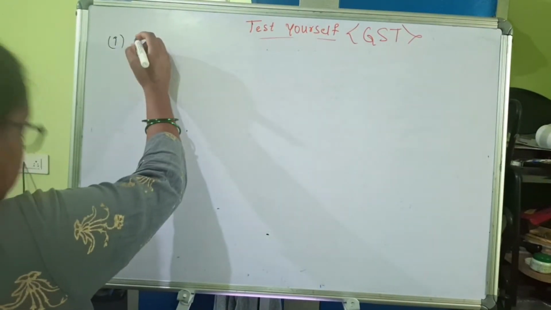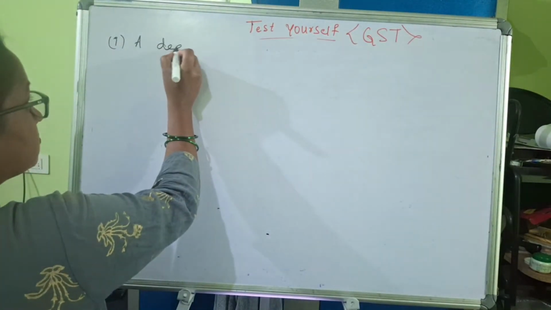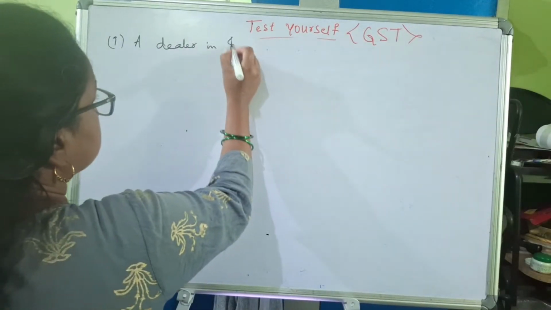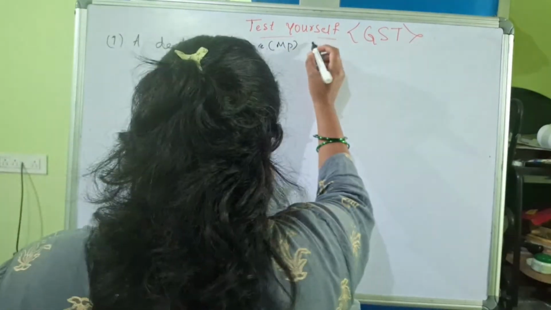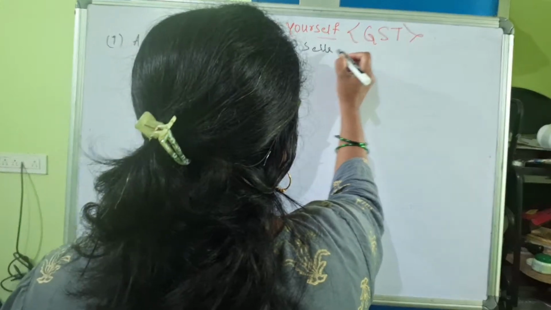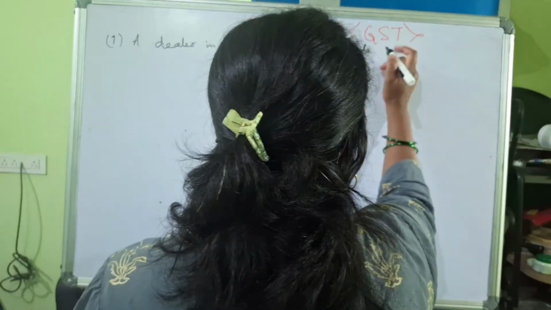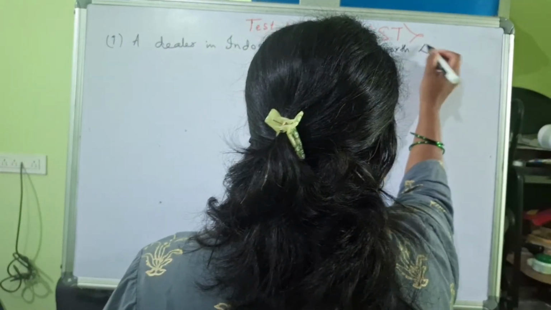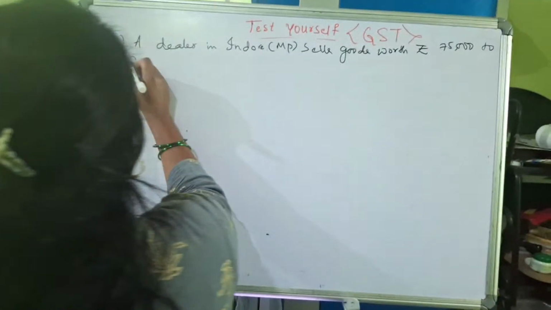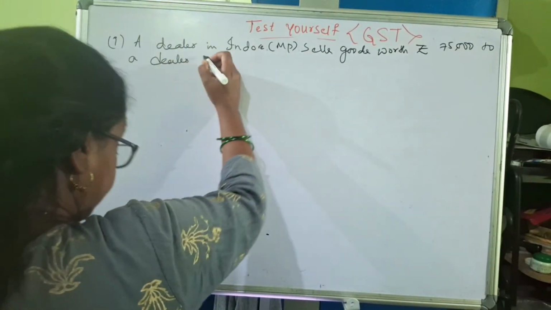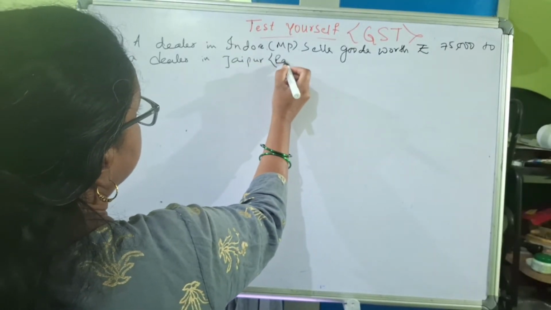So the next question is, a dealer in Indore, MP, sells goods worth rupees 75,000 to a dealer in Jaipur, Rajasthan.